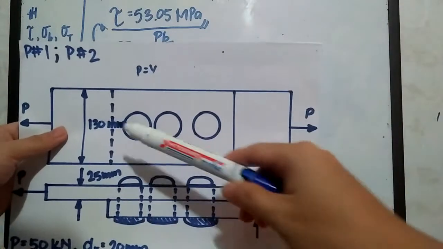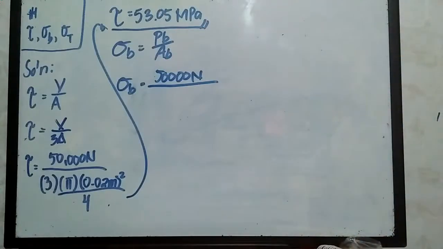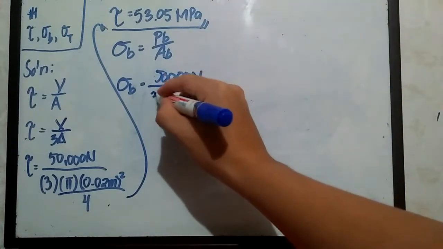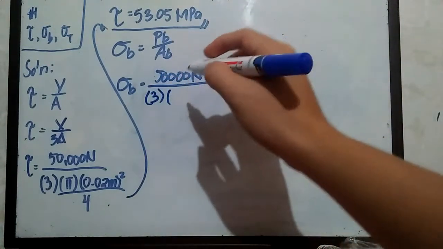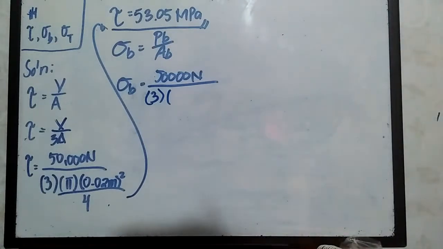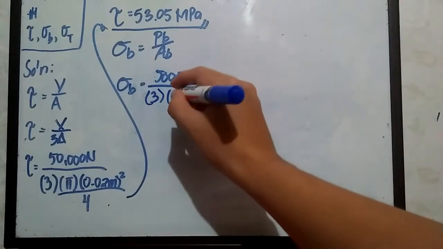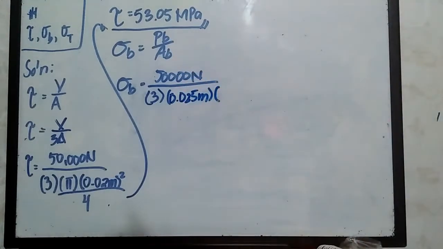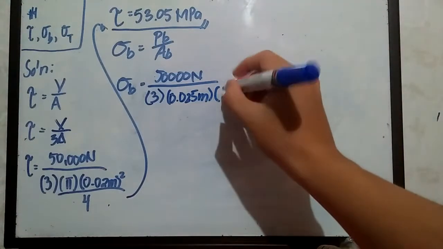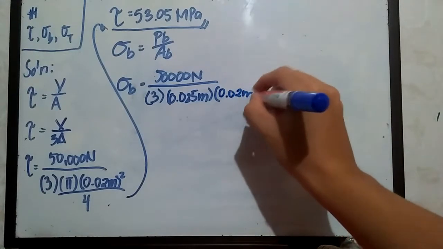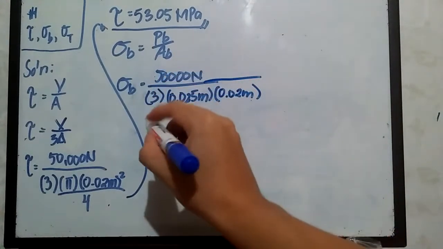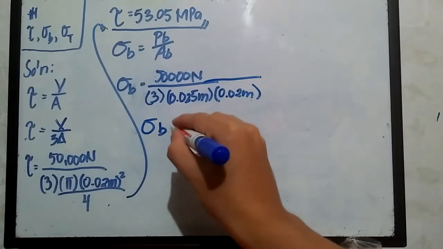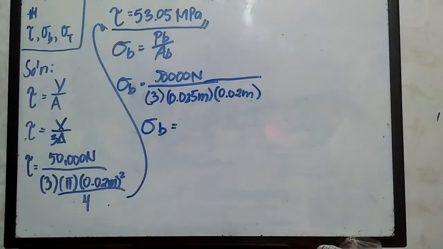Don't forget we have three rivets, so again over 3. Converting to meters, that is 0.025 meters multiplied by the diameter of the rivet, 0.02 meters. Solving, sigma sub B, or the bearing stress, is approximately 33.33 megapascals.